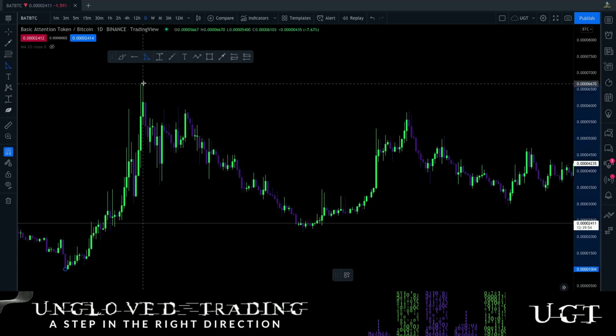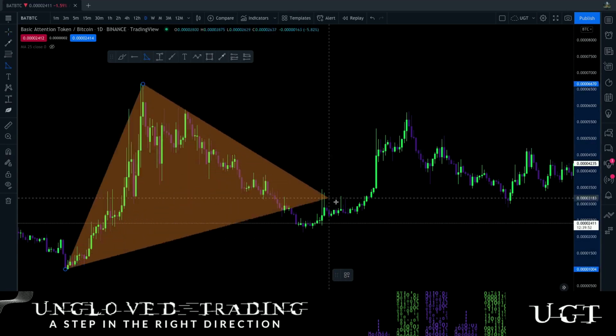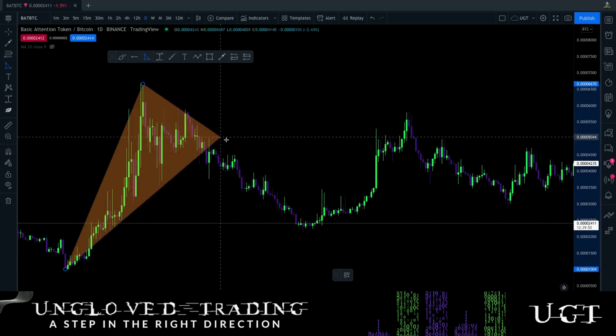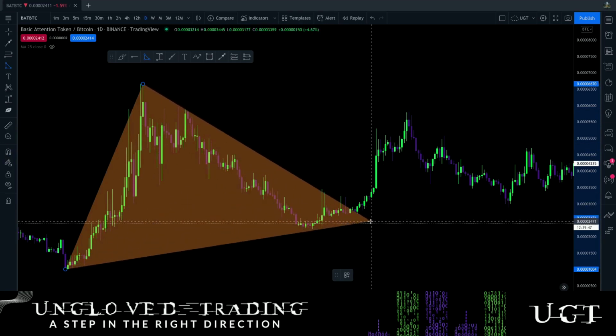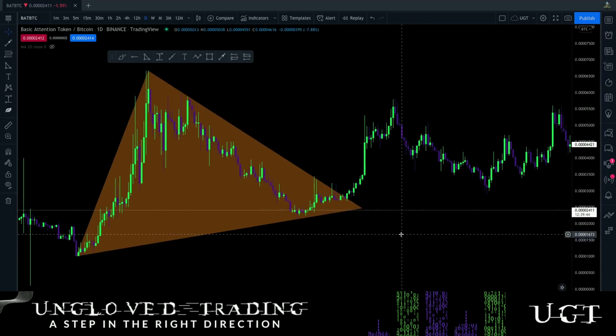We're going to drag it up to the swing high, and initially it would be to this swing high, and then we're going to drag it all the way down to the bottom of the move, like so. Now, visually, we can use this triangle tool to help us see our peak and our valley.